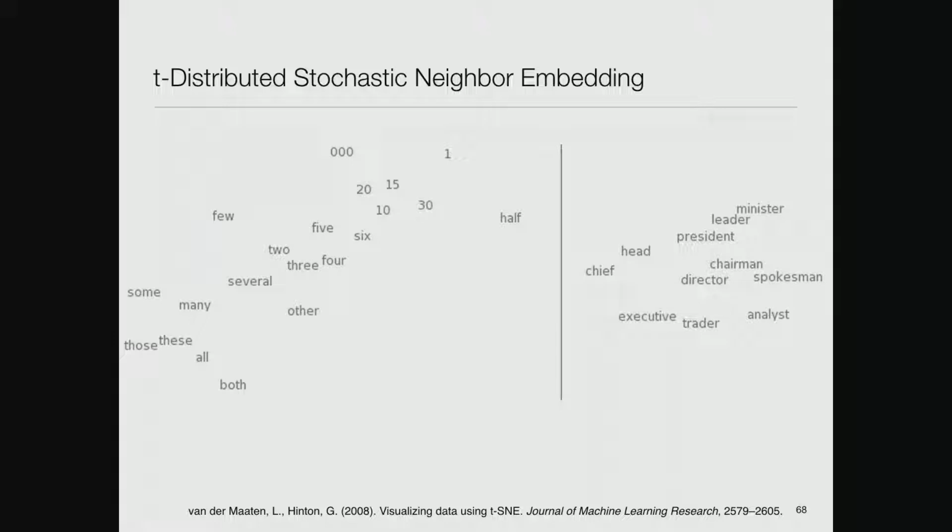So they, in fact, do map to the same part of the space. Similarly, minister, leader, president, chairman, director, spokesman, chief, head, etc., form a kind of cluster in this space. So there's definitely something to this.